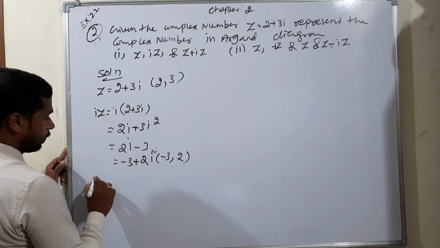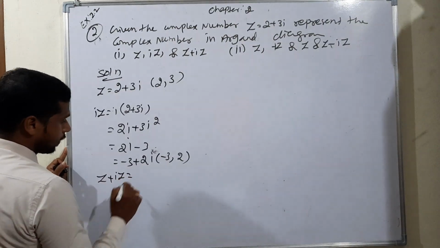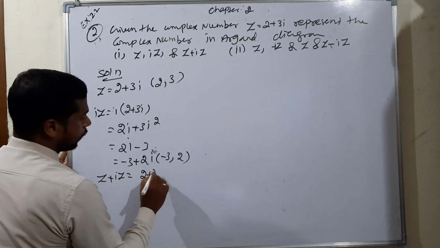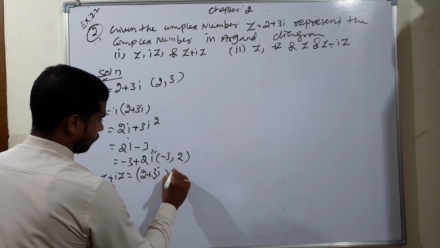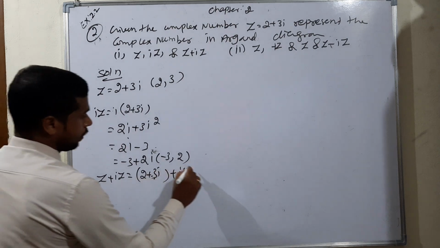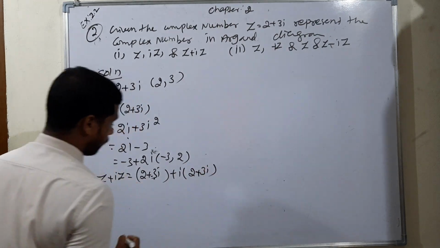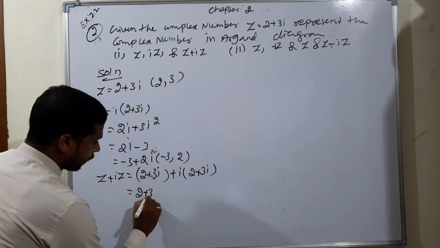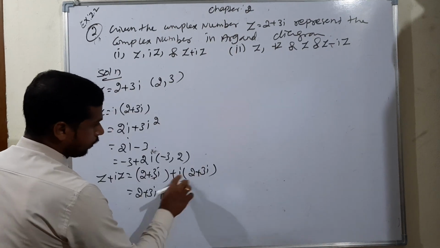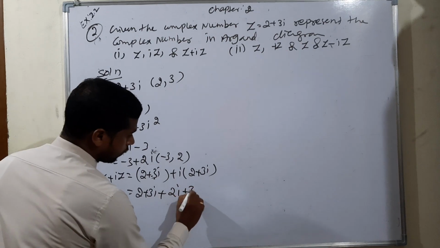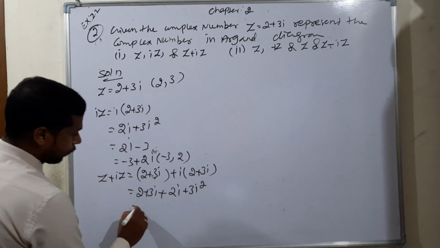Then last condition, z plus iz. Z is equal to, we know, 2 plus 3i, then plus i into 2 plus 3i. Again 2 plus 3i. Remove the bracket: 2 into i, 2i, 3i into i, 3i square, isn't it?